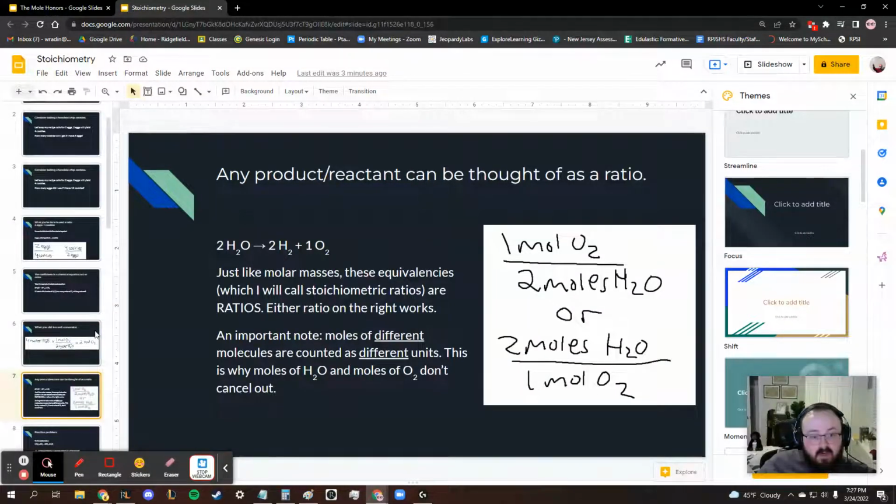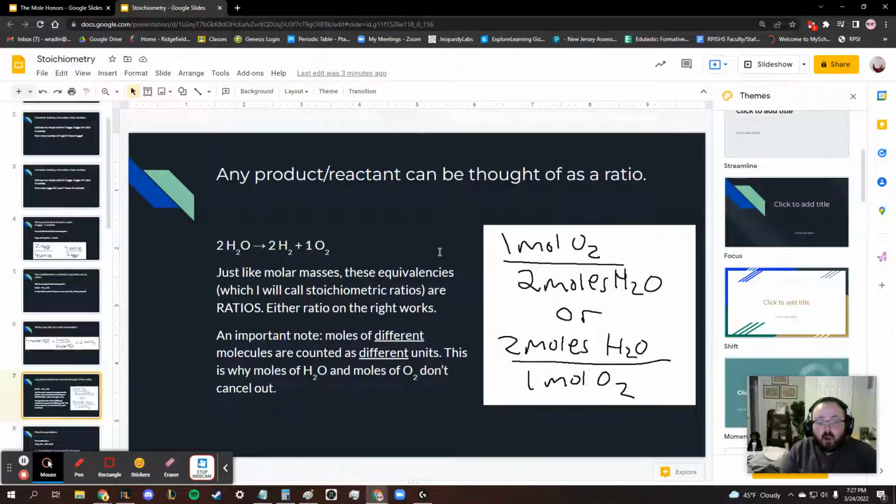So any of these products or reactants can be thought of as a ratio. I'm going to call these stoichiometric ratios. That's really what stoichiometry is: comparing different amounts based off of this chemical equation. I'm not going to look for a hard definition of stoichiometry, but when I talk about the stoichiometric ratio, I'm talking about the ratio that you get from the chemical equation itself.